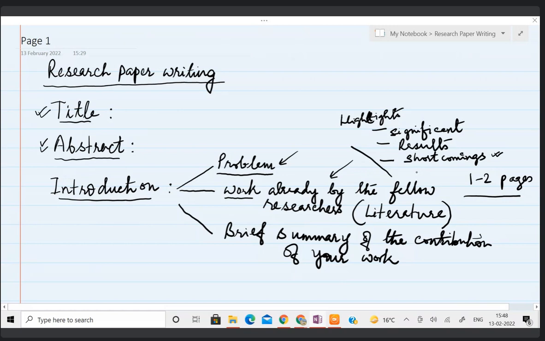So these are normally mentioned in this part, the literature review.